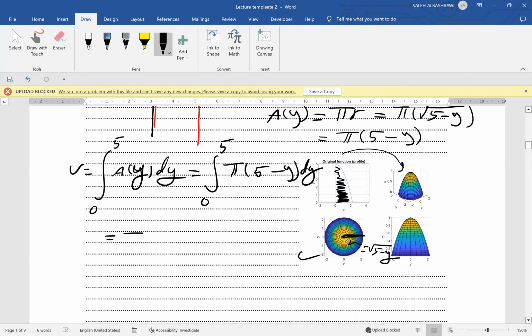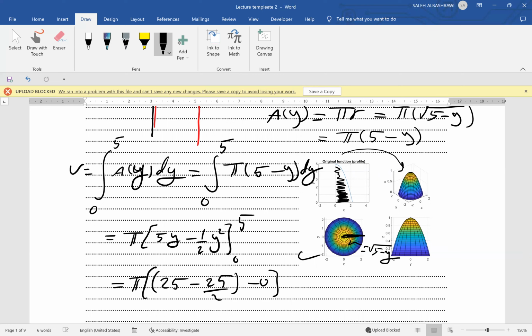which is equal to pi multiplied by the integration of 5 minus y, which gives 5y minus 1/2 y squared, from 0 to 5. Using the fundamental theorem of calculus, substitute y by 5, I will have 25 minus 25 over 2 minus 0.